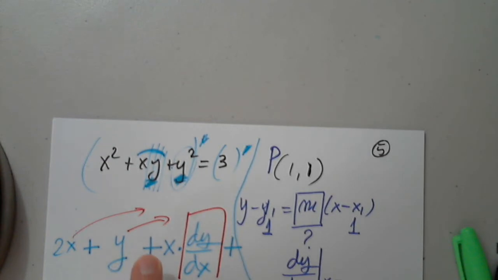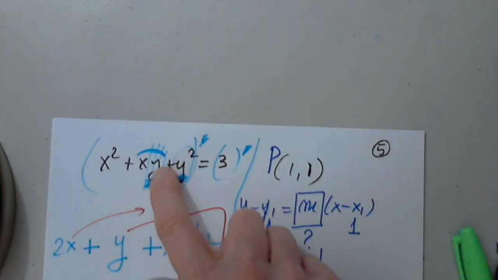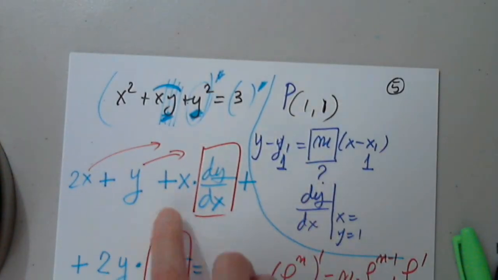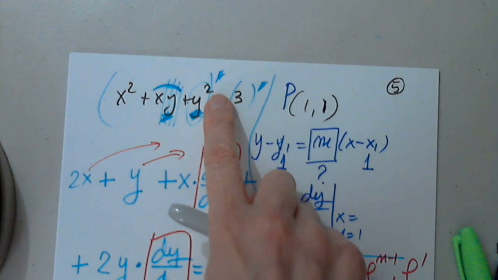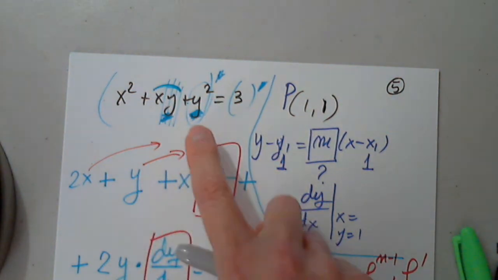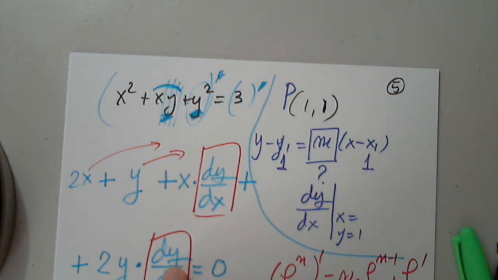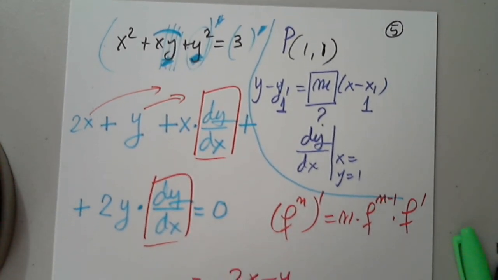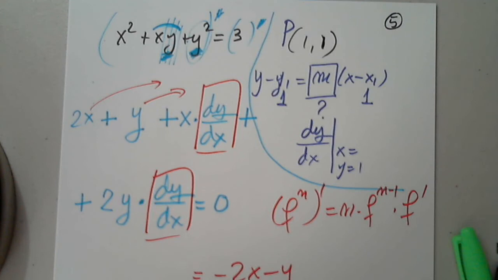Plus the first function times the second prime. Plus 2 times y to 2 minus 1 times the inner function prime. Is that better? Is it? Anyone?